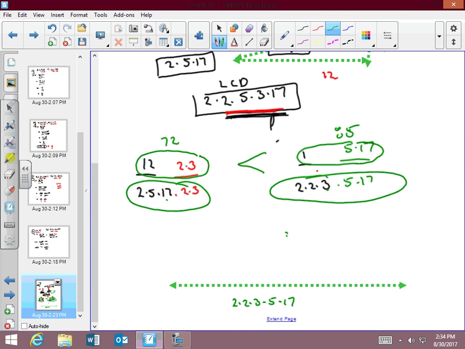Now, on this vertical, the compliance is going to be at 85, right? Your number is what? 72.